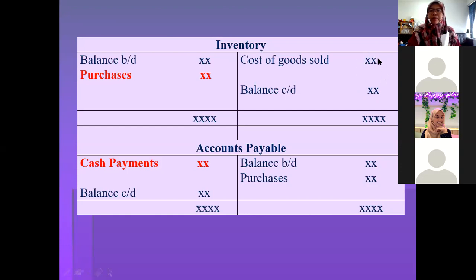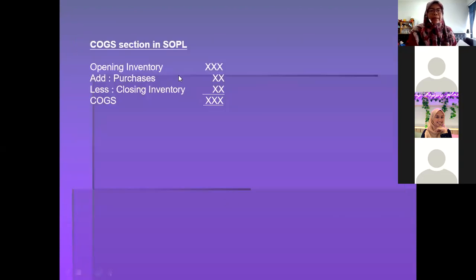Kenapa pula nak kena transfer COGS amount here in the inventory account? Now, if you still remember the format of your P&L, COGS section, you have opening inventory plus purchases minus closing inventory, you get COGS. So you can see opening inventory and purchases same sign, add.